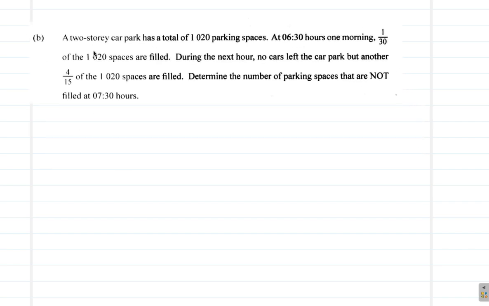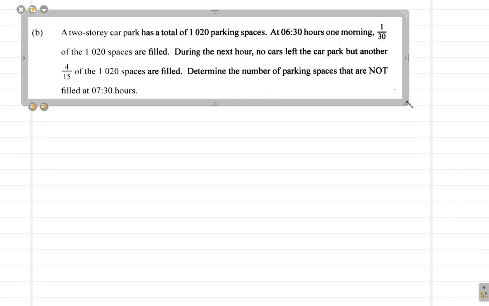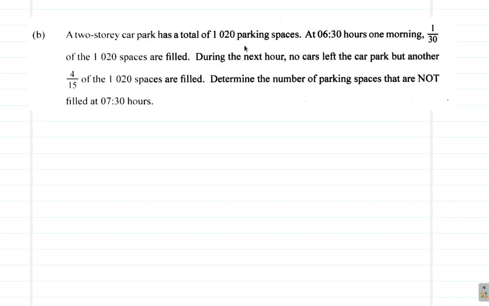It says a 2-story car park has a total of 1,020 parking spaces. At 06:30 hours one morning, 1/30 of the 1,020 spaces are filled. Okay, good. During the next hour, no cars left the car park, but another 4/15 of the 1,020 spaces are filled. Determine the number of parking spaces that are not filled by 7:30.